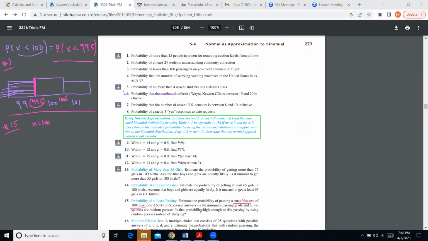They want to know the probability of passing, which is 60 correct answers. So the probability that x is 60 or more, right? If you got 61, it's even better than 60, or 100 out of all 100. That's much better. So what is the probability that x is greater than or equal to 60?